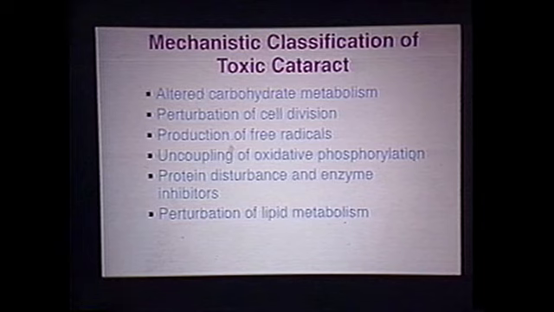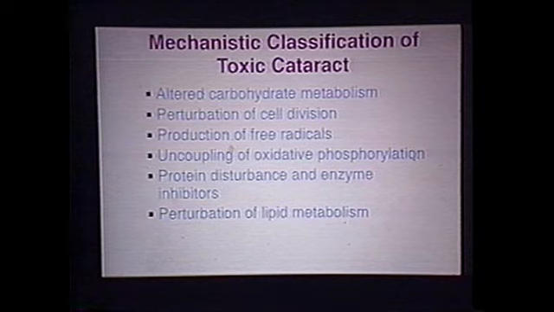The site of the cataract doesn't give you any information with respect to the chemical which has caused that type of damage, and many of the cataracts which occur as a result of toxic damage start in the posterior part of the lens and ultimately, maybe fairly rapidly, cause changes in the whole of the lens. Therefore, a classification system on the basis of anatomical location is not that useful.